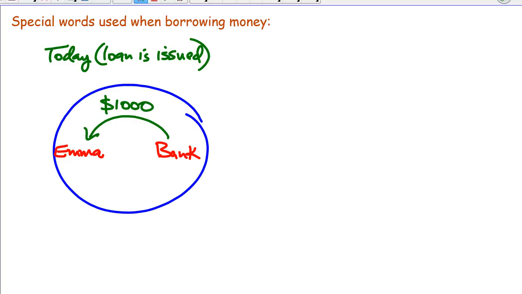Now, a couple of things here. The bank here is the lender. So what we'll do is just label this. The bank here is the lender. Emma is the borrower.